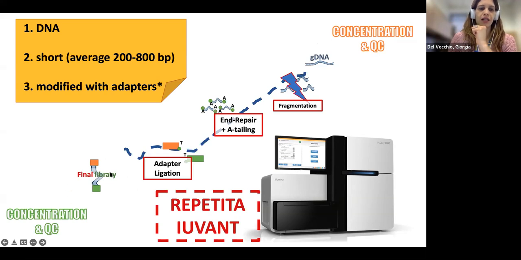And then with the final library, we also cover the quality control of the final library. So the steps in the red box here, so fragmentation and repair, adapter ligation, they are the main steps in a library prep. So we have the same exact steps even in the RNA library prep.